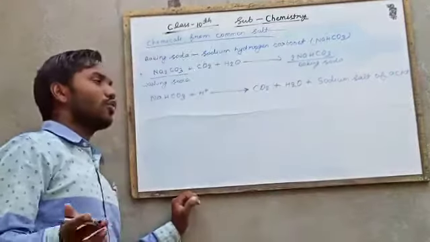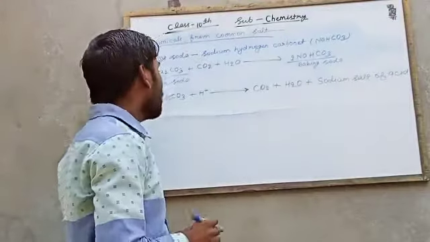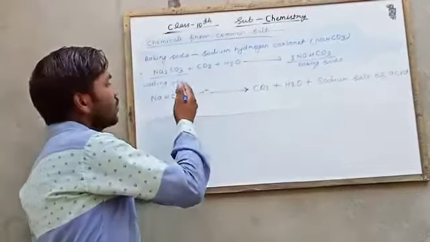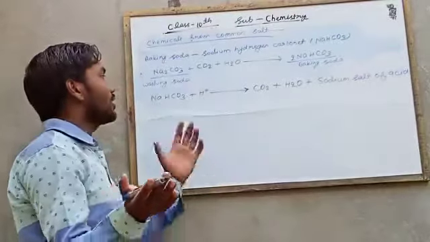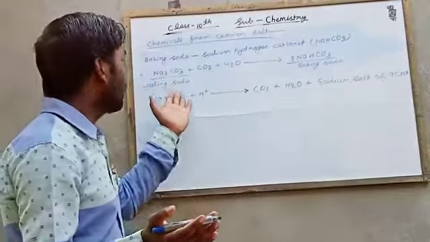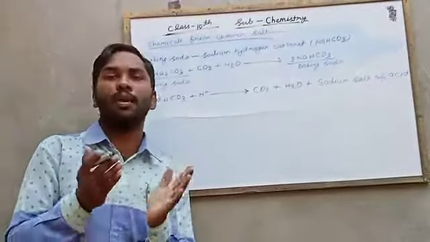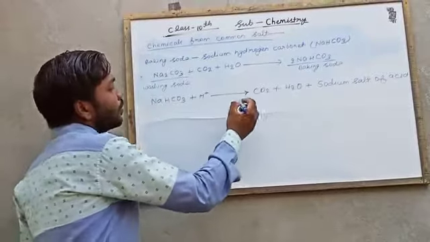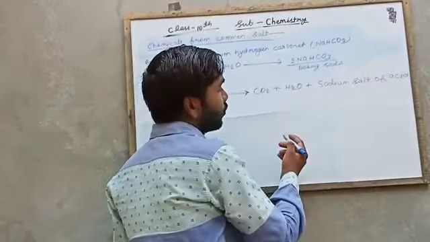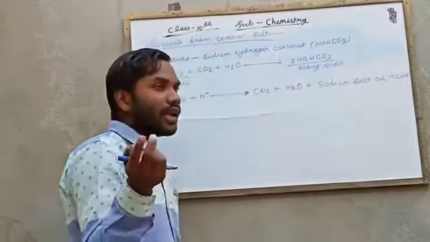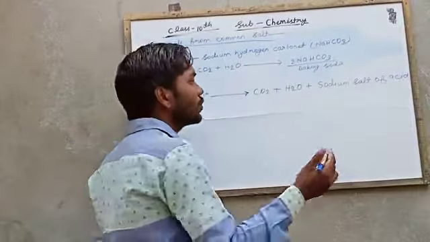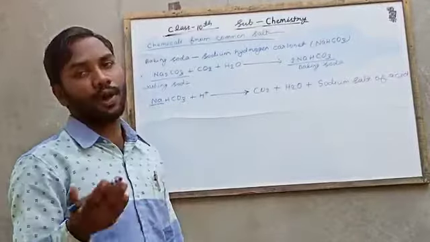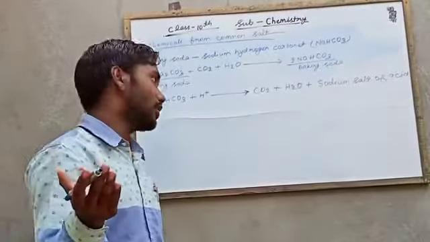As I told you, we mix an edible acid with baking soda to form baking powder. When we heat it, carbon dioxide gas is produced, and that acid will form a sodium salt, because here it is sodium.